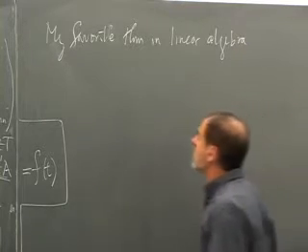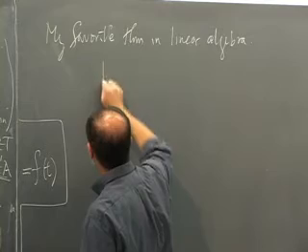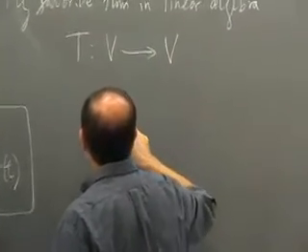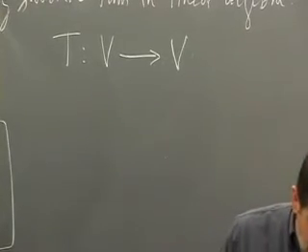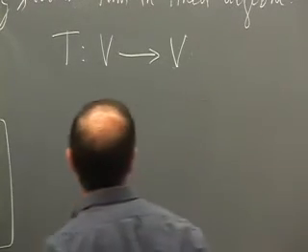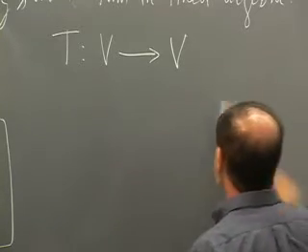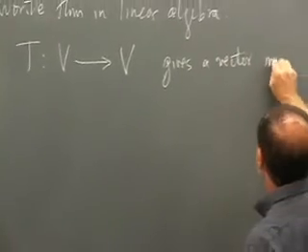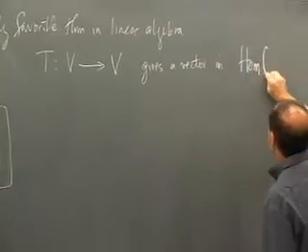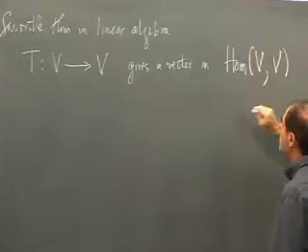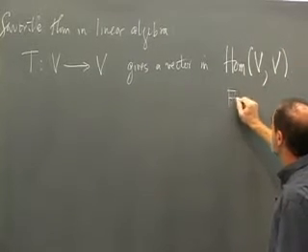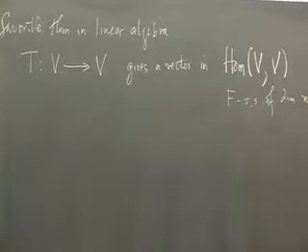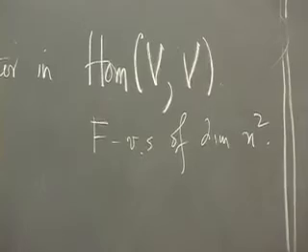So take a linear operator T on a finite dimensional vector space, and take its matrix, and consider it as a vector in the vector space of all linear maps from V to V, which is a vector space over F of dimension n squared, where V has dimension n.